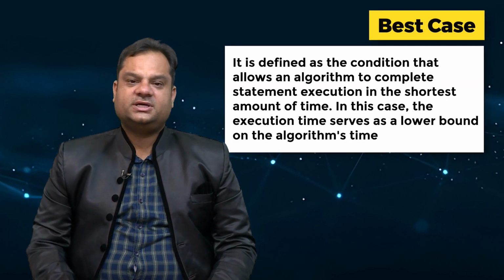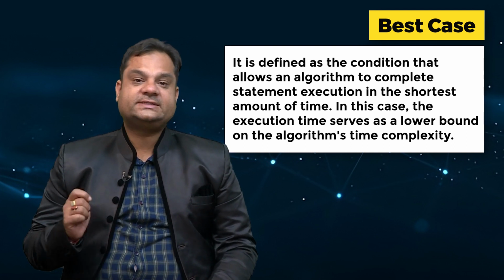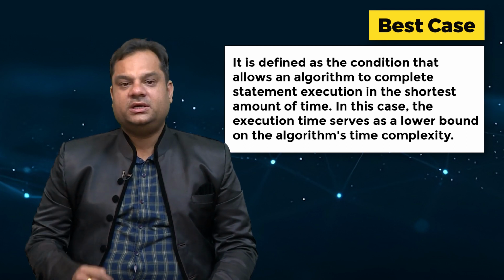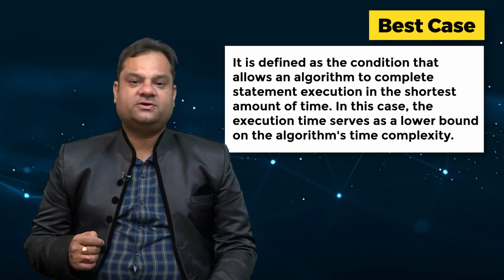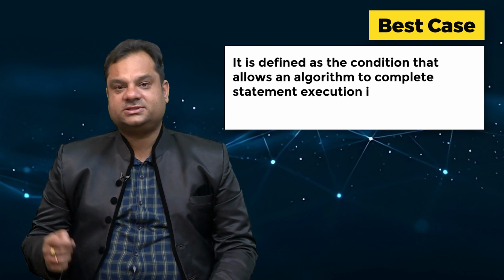So by this we can understand all types of cases like best case, worst case and average case in asymptotic analysis. Best case is defined as the condition that allows an algorithm to complete statement execution in the shortest amount of time. In this case, the execution time serves as a lower bound on the algorithm time complexity.